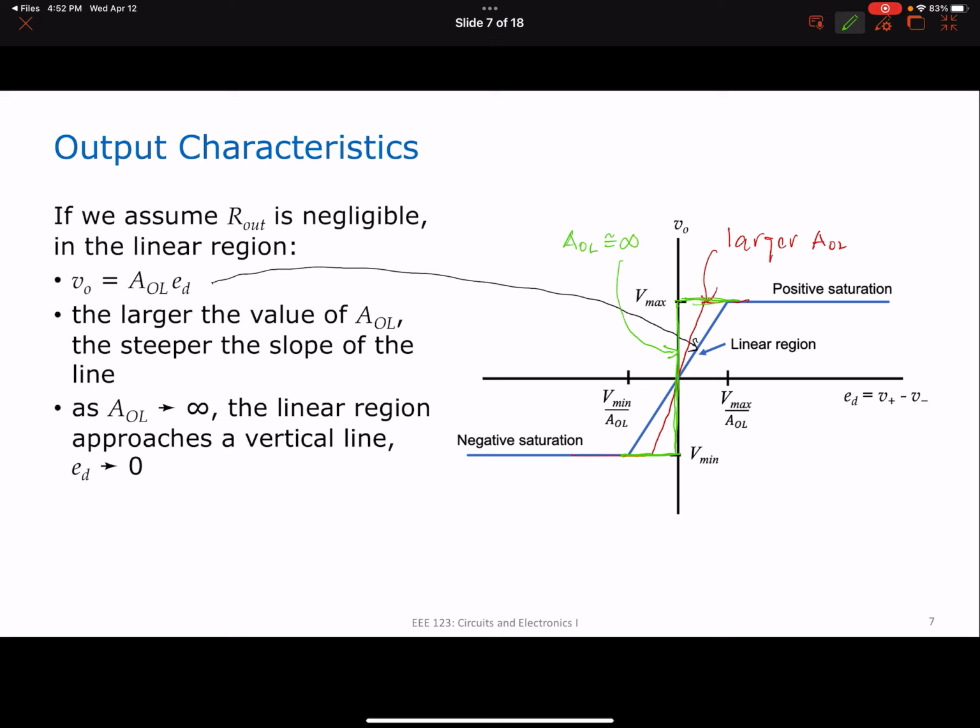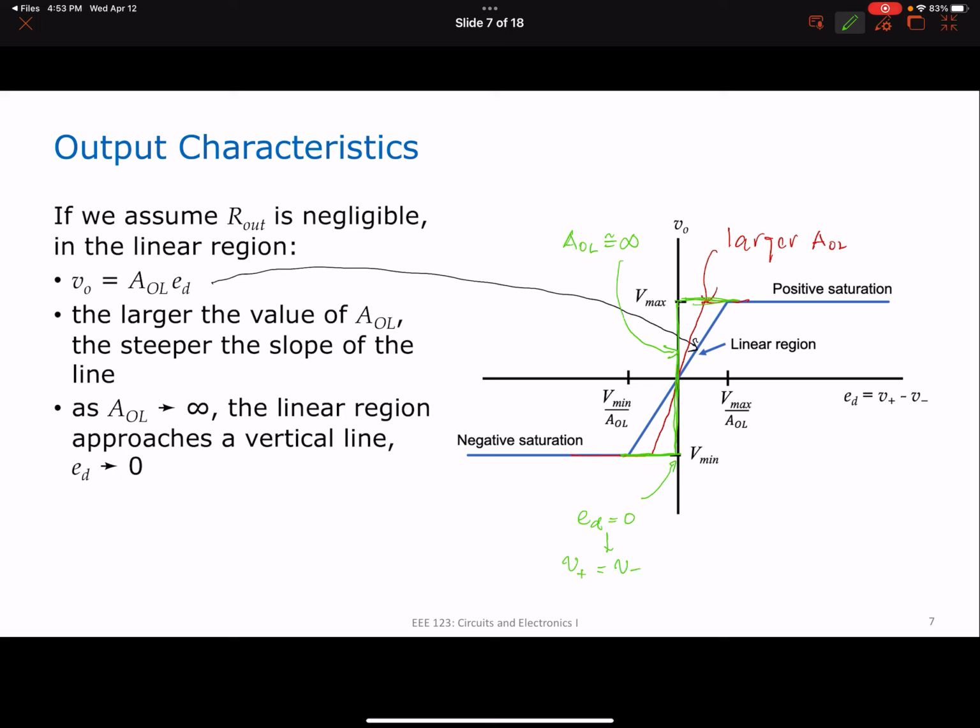It is a vertical line, and if this is a vertical line, what is the value of E sub D? Notice that in this particular case, E sub D will be equal to 0. So what does this mean? If E sub D is equal to 0, this means that V plus will be equal to V minus.